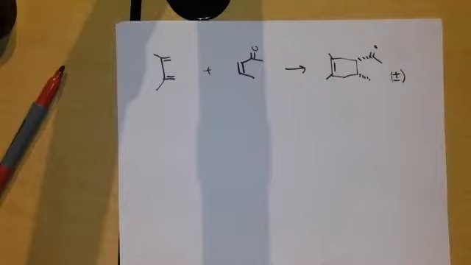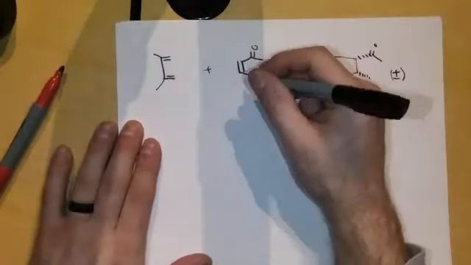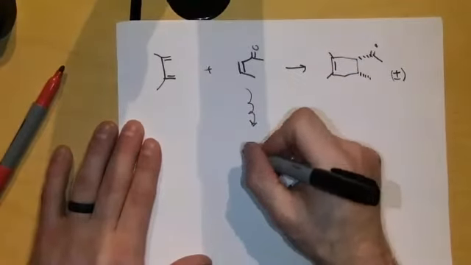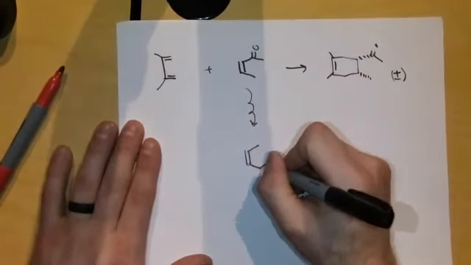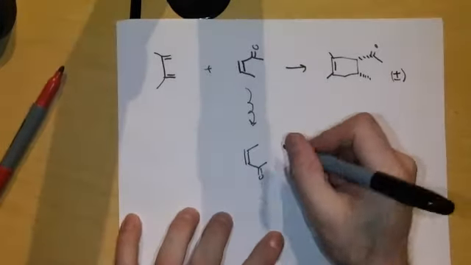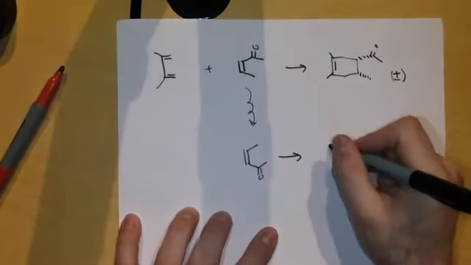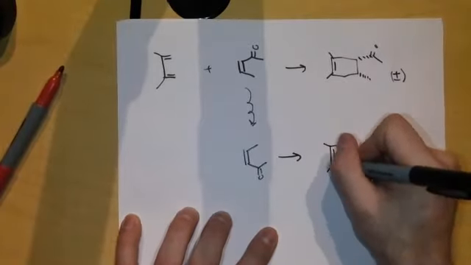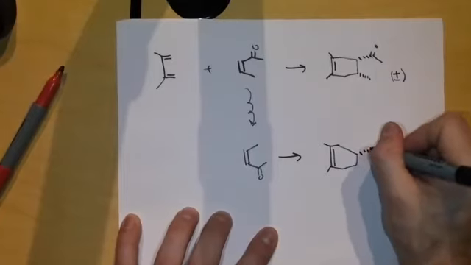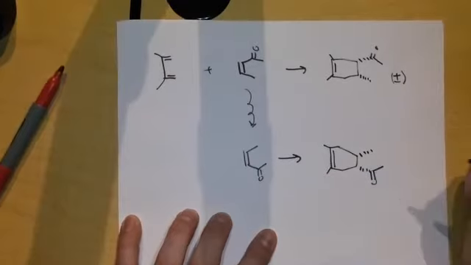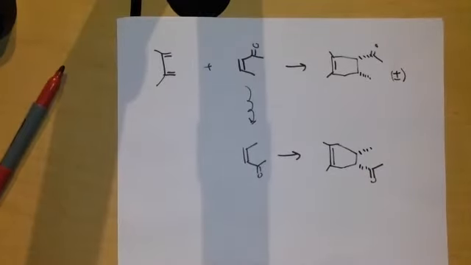So the big question was, why is there only one product? Why is there not two products? If I flip this over, because it is asymmetric, I can make this here. So this would go to something that looks like this.